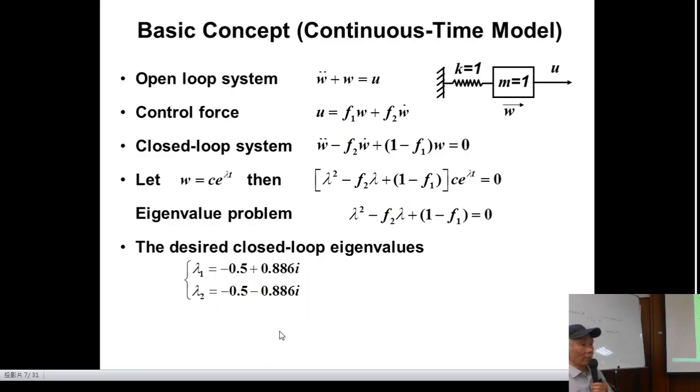They have to come with a pair. You cannot come alone, right? Because your system is always real. This W has to be real, it cannot be complex. Eigenvalue can be complex, but your final result W cannot be complex.